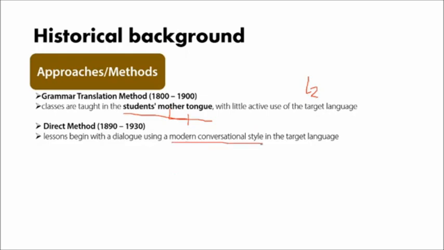If the grammar translation method emphasizes the written aspect, the direct method now is on the spoken language and the development of the oral skills in the target language, the L2, in our case, English. Alright? So grammar isn't taught explicitly, but it is learned inductively by the students through repeated exposure to spoken language.